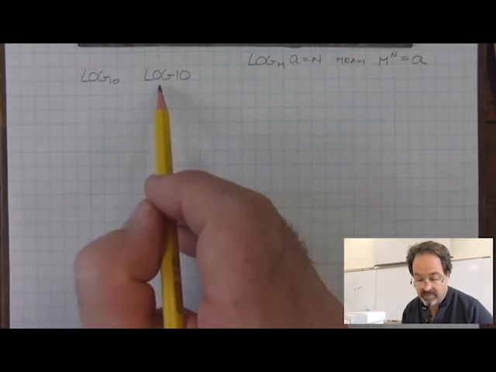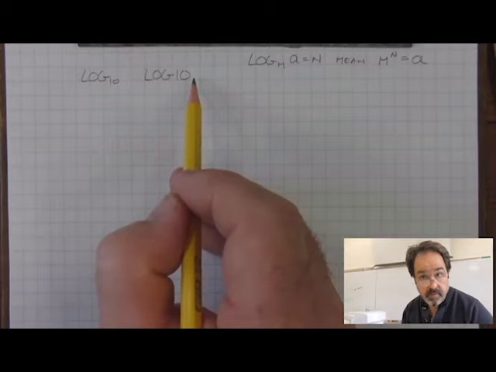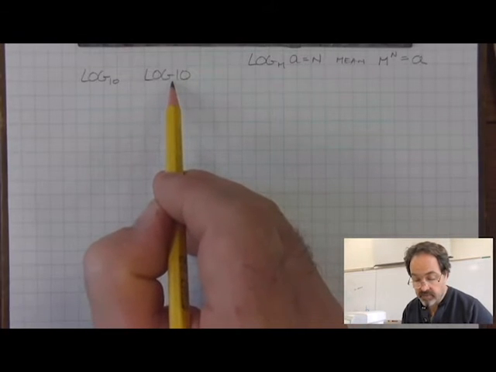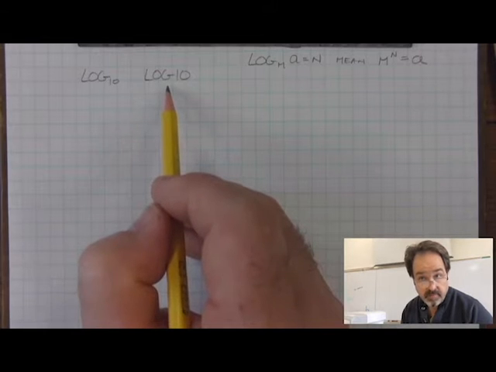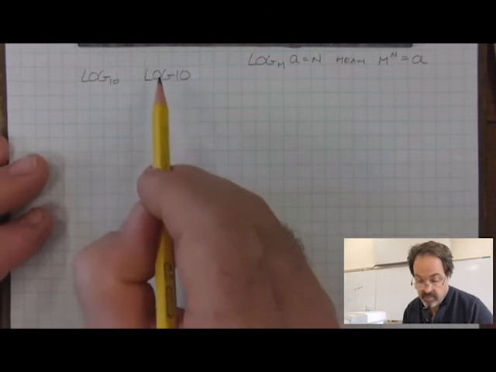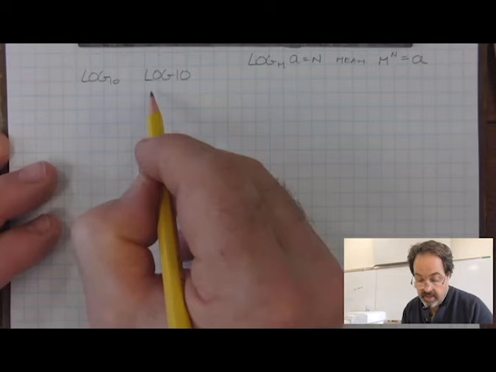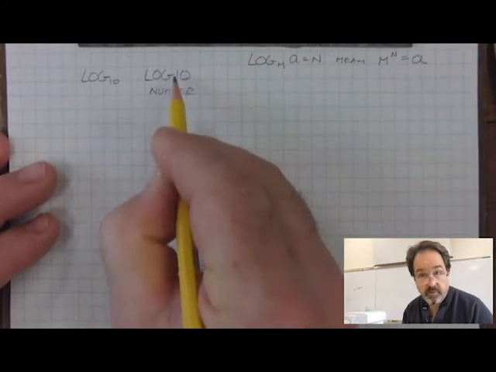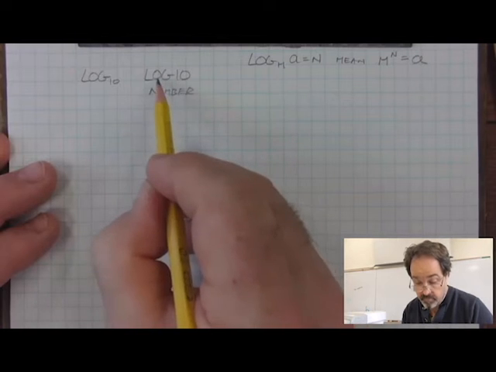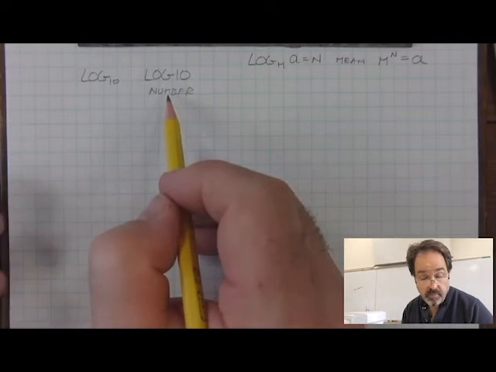This notation means log of 10. And if we don't see the base written, it's because we're expressing this as common log whose base is 10. This log of 10 is a number. We can evaluate it. It's enough information in order to turn it into a number.